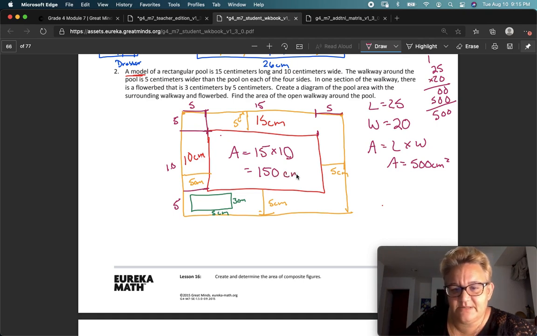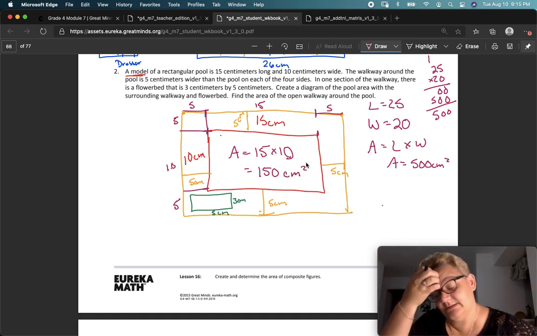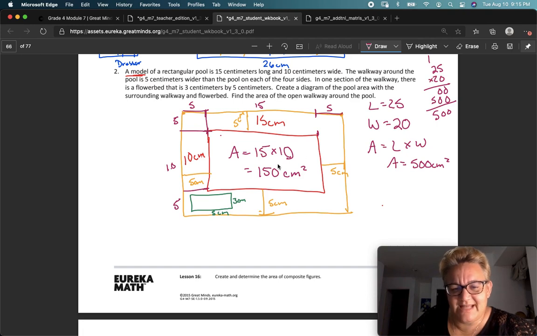So that's centimeters squared. We're going to be talking about the powers of 10 this next week, just in case that isn't really obvious to you. And so then I'm going to subtract the pool from my 500 over here. And I'm going to come back with 350. Okay, not 450. Be careful.